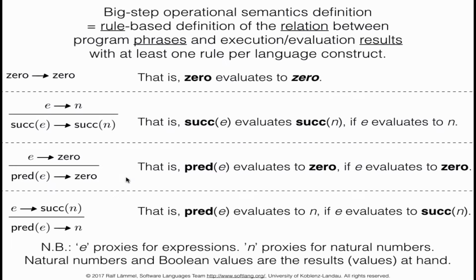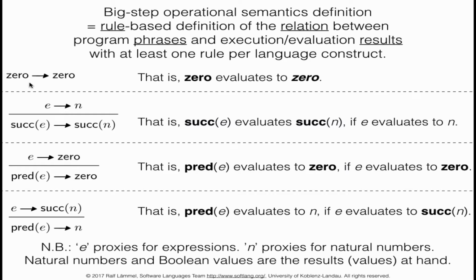Alright, so a big step operational semantics definition is essentially a rule-based definition of the relation between program phrases, such as expressions in the case of BTL, and execution or evaluation results. These are values in the case of BTL. Typically, we have one rule or sometimes several rules per language construct.